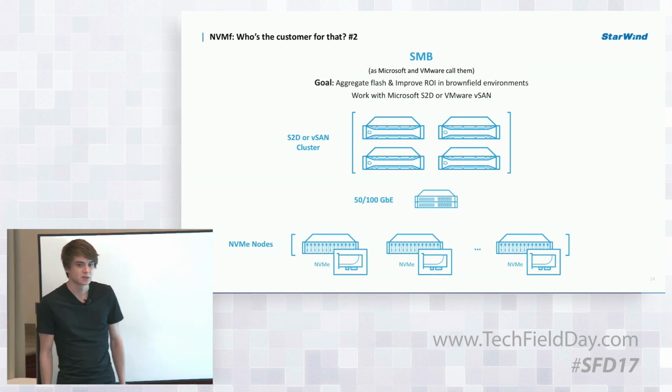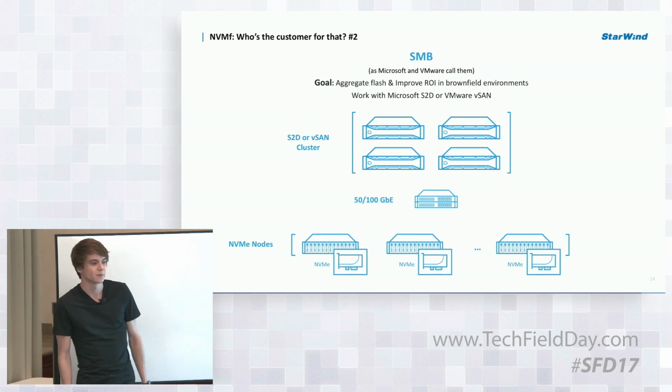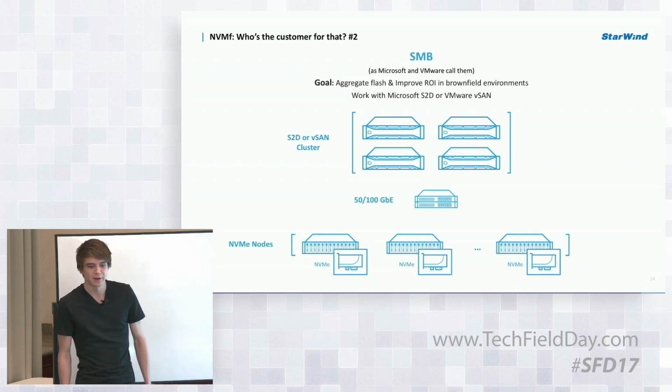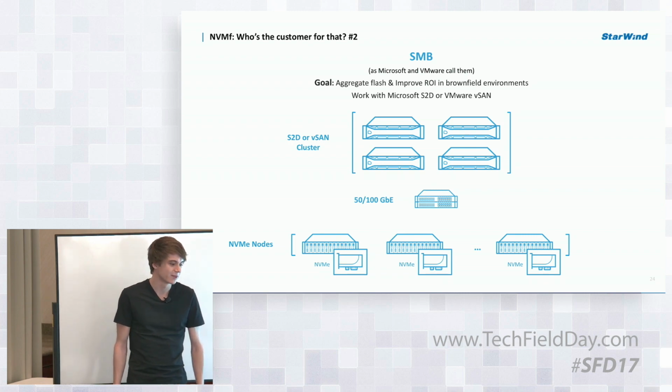The second use case is SMB. However, not really SMB in our terms, but it's mostly how VMware and Microsoft classify them, with less than 10,000 employees. There are still two products, mainly Storage Spaces Direct and VMware Virtual SAN.